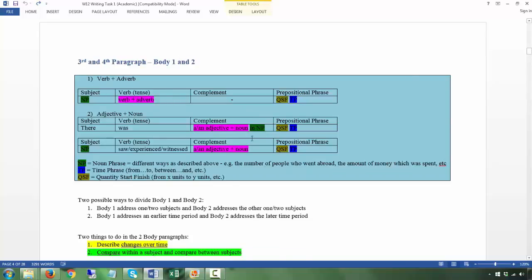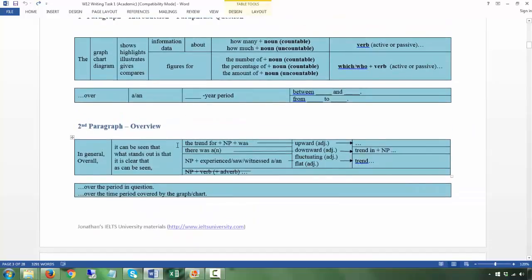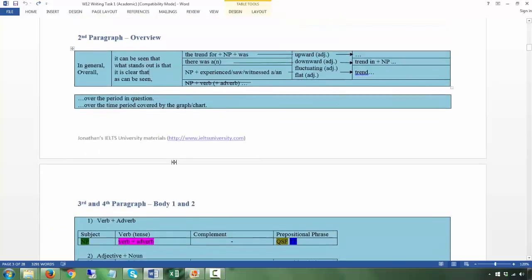Here I said third and fourth paragraph, body 1, body 2. Just as I showed you three sentence structures, we always like variety. Remember, you don't want to always have the same structure to describe the same thing.